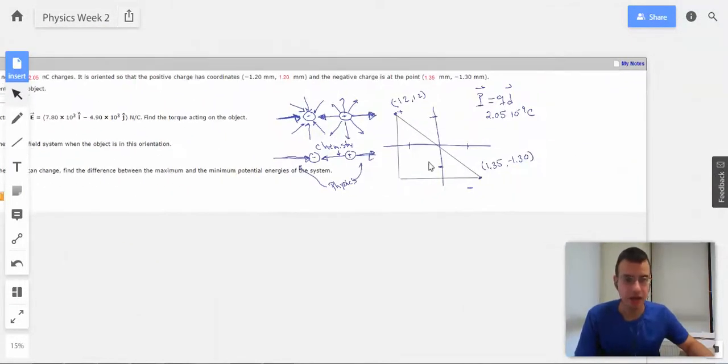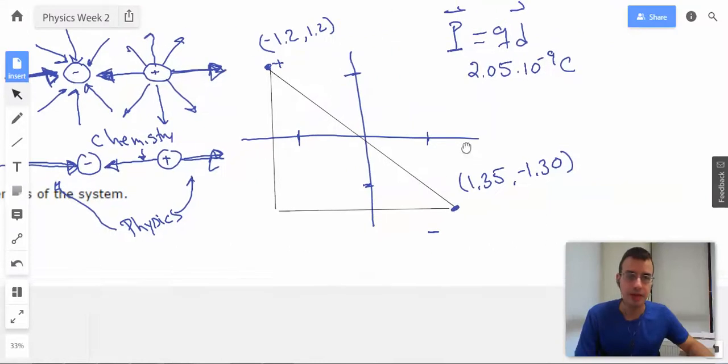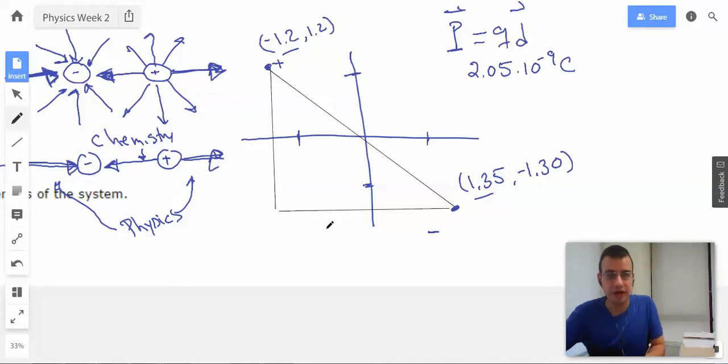So we need to break this down. These are the x components here. If we do 1.35 plus 1.2, we get 2.55. So this right here will be 2.55, and it goes from right to left, so it's going to be negative. And then it goes down from 1.2 to 1.3, which will be 2.5. Okay, that seems reasonable.